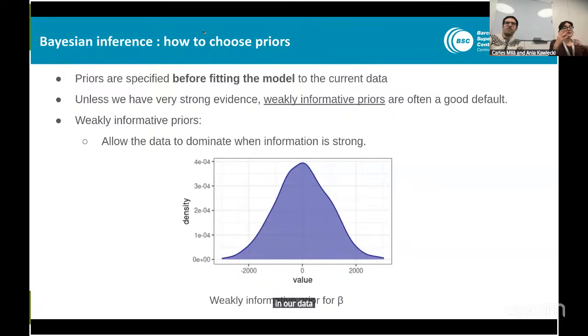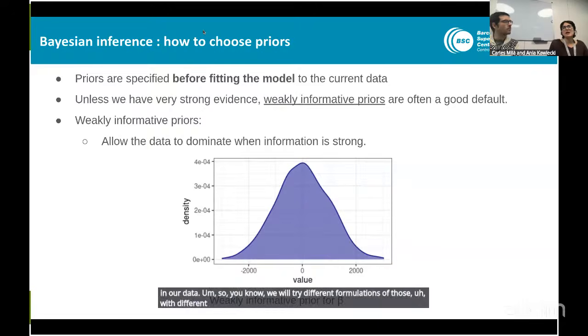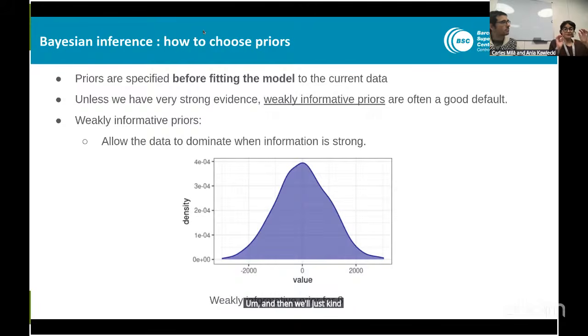We will try different formulations of those with different priors, maybe, and compare them using goodness of fit metrics like WAIC and MAE. And then we'll choose the best combination of those.